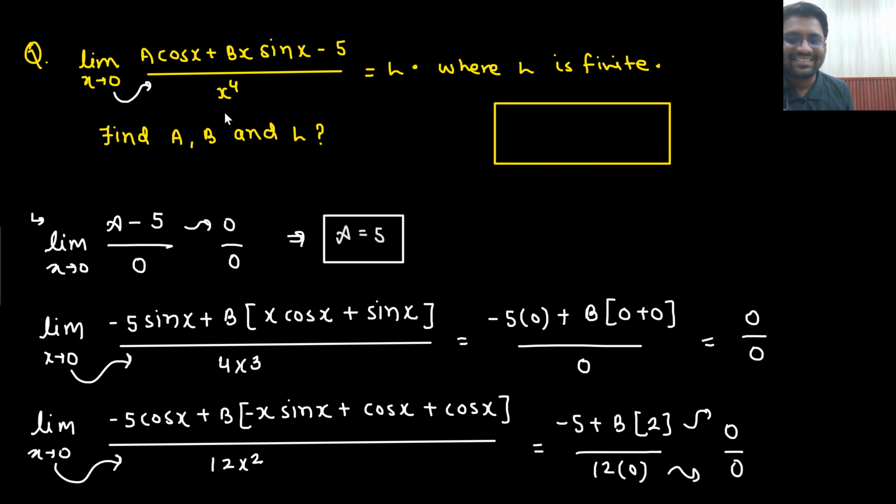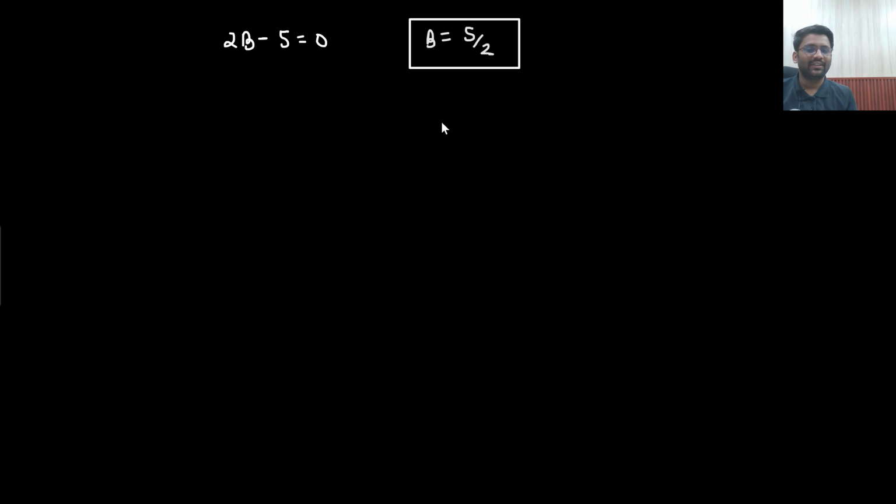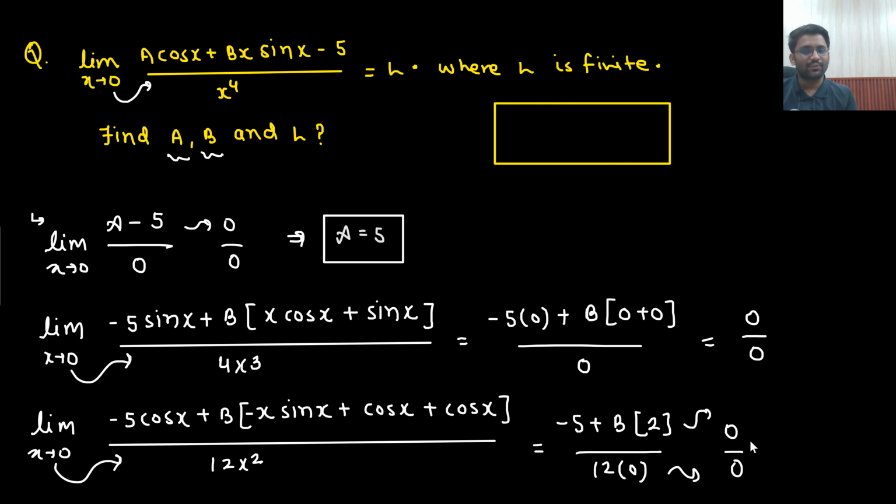But the surprising thing is that you don't need to find only the value of a and b, you need to find out the limit as well. Now, sir, again a task. I will put the value of b, which is 5 by 2. 5 by 2 I have got, sir, a value I have also got, 5. Find out the limit as well now. Put these values here. You will again see, sir, 0 by 0 form. Again differentiate. Then again one more time differentiate.